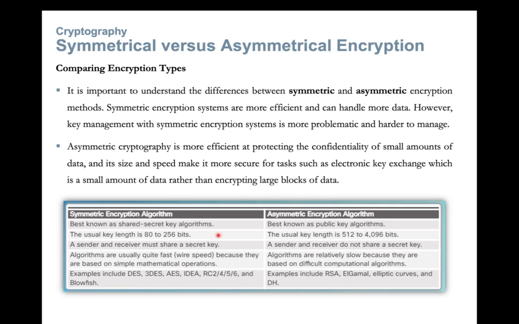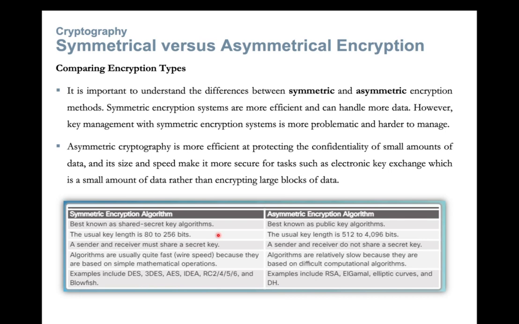Some asymmetric algorithms can significantly increase the size of the object encrypted. Therefore, in the case of data in motion, use public key cryptography to exchange the secret key, and then symmetric cryptography to ensure the confidentiality of data sent.